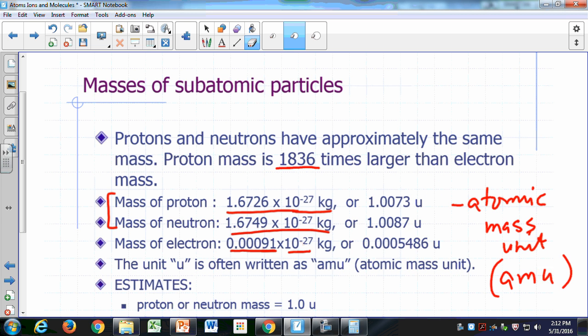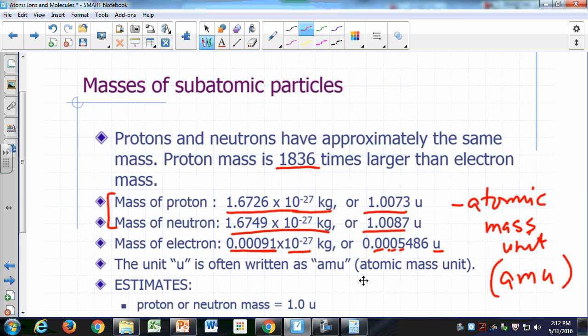So the mass of the proton would be 1.0073 atomic mass units. The mass of the neutron is 1.0087 atomic mass units, but the electron is 0.0005 atomic mass units. So you can see how small the electron is in terms of mass compared to the proton and neutron.